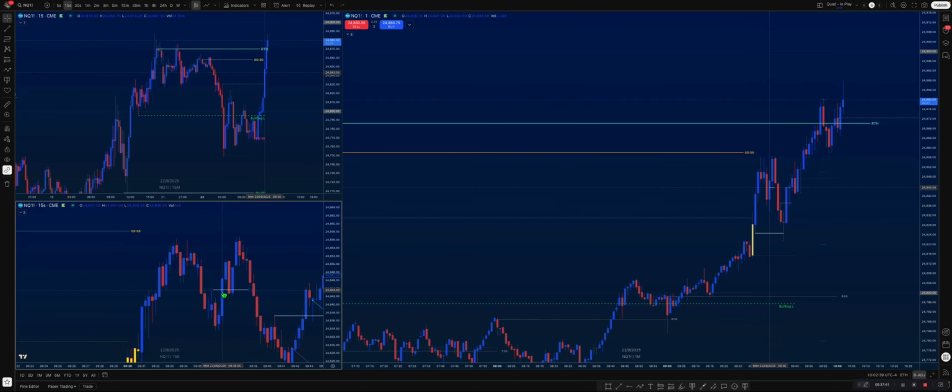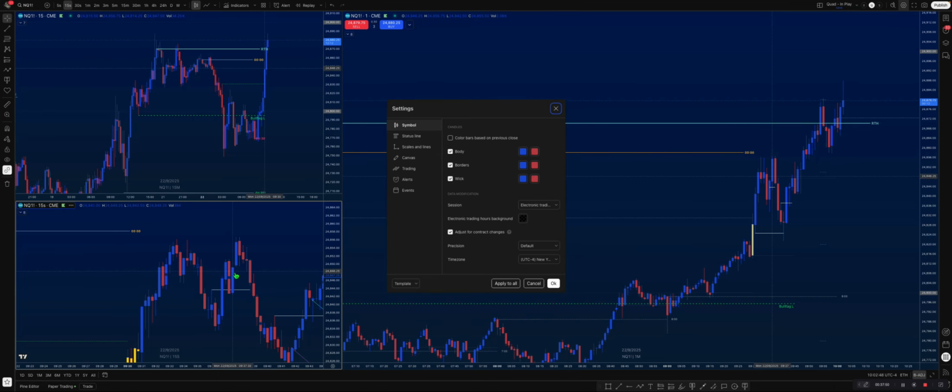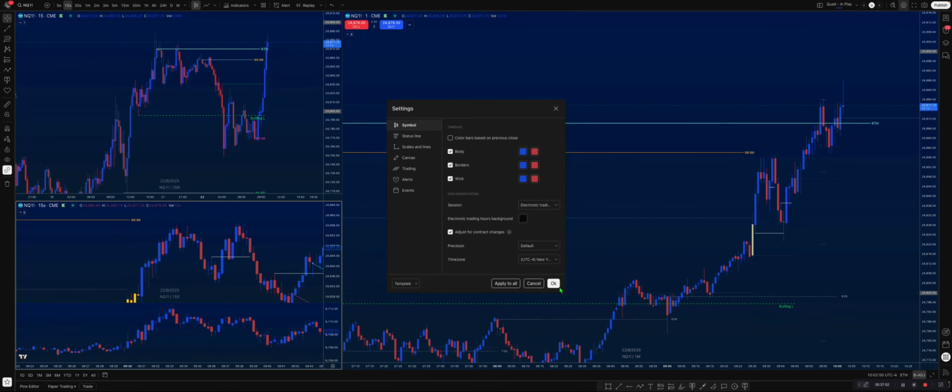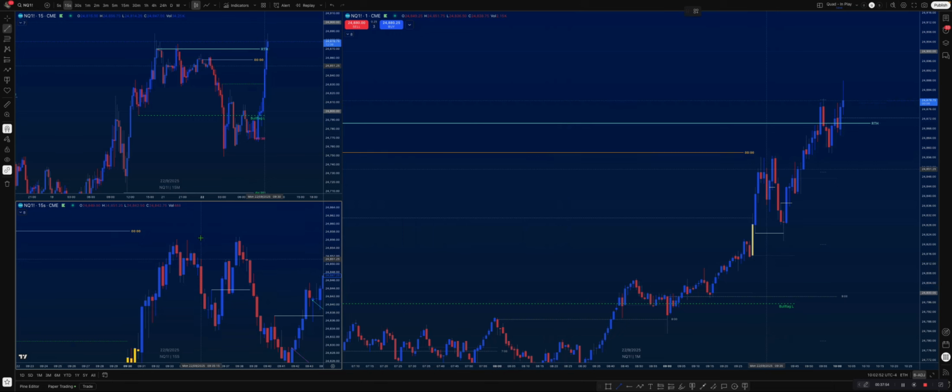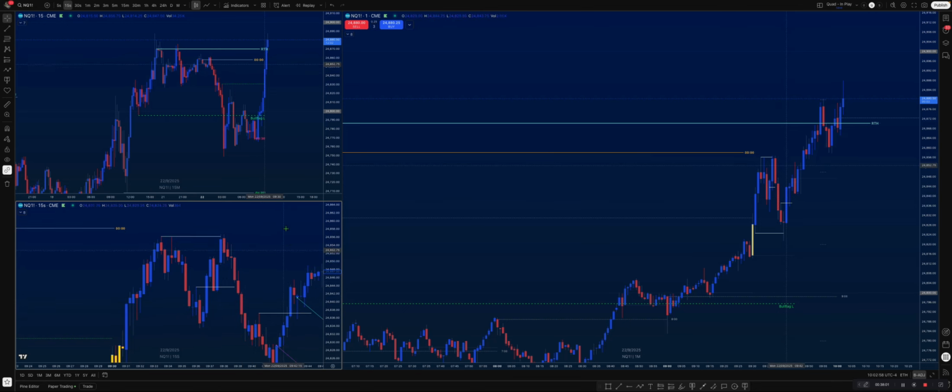It didn't really take out any swing low through here, so that is a bit iffy for the sell side delivery. But then we do get this closure back above, and as you can see, it did go on to make a new high right after that. But as soon as it made that new high right there, it then reversed on me straight away. That's why I wasn't taking that trade, I was just observing.